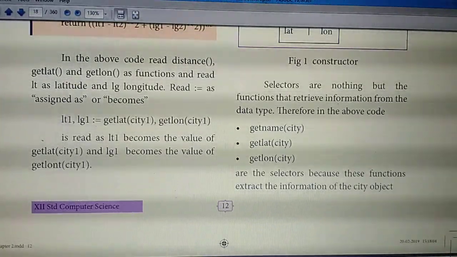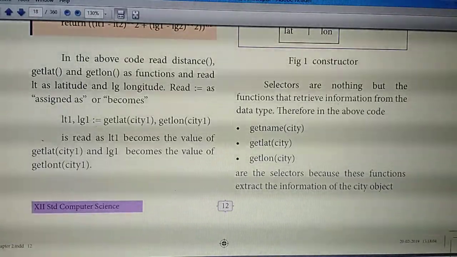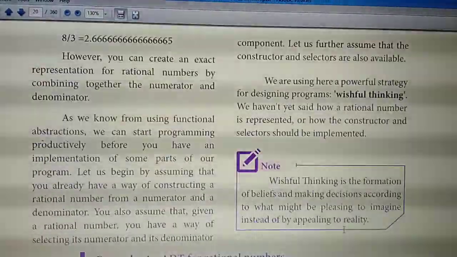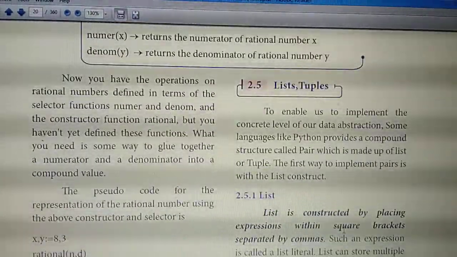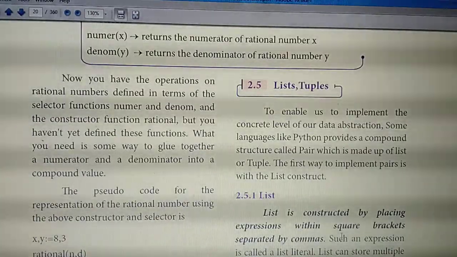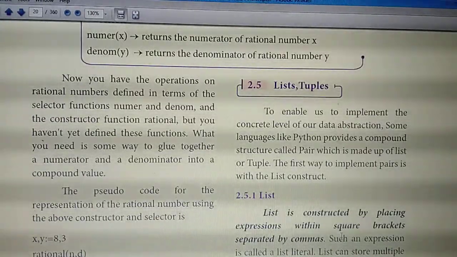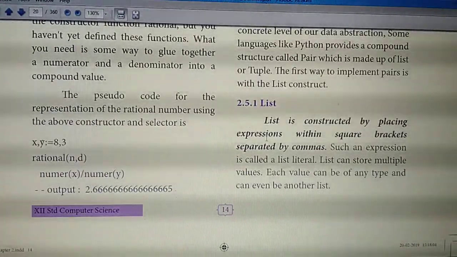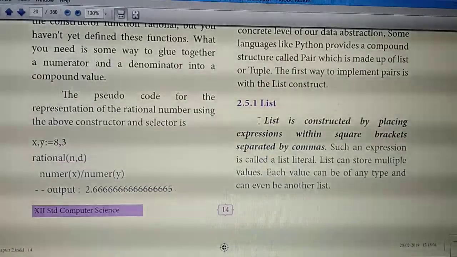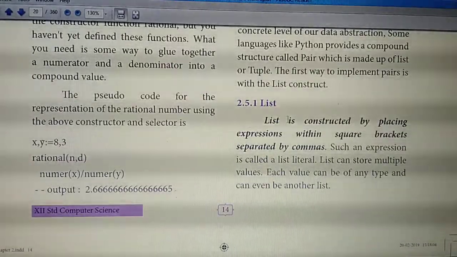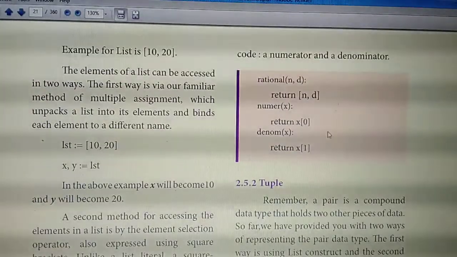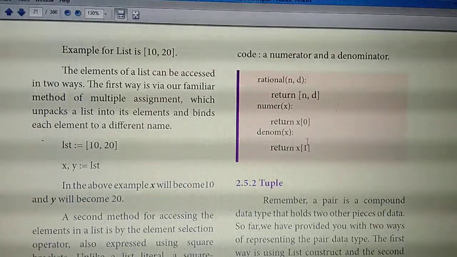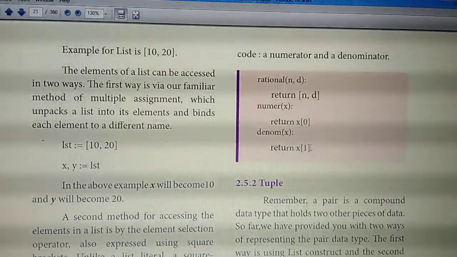Have you all marked? Second question: what is a list and how can it be called? Page number 14. Take page number 14. Have you all taken page number 14? Starting from here: a list is constructed by placing an expression, from page number 14 till the next page, up to before the heading tuple, return x of 1.